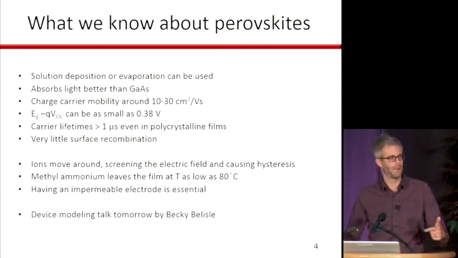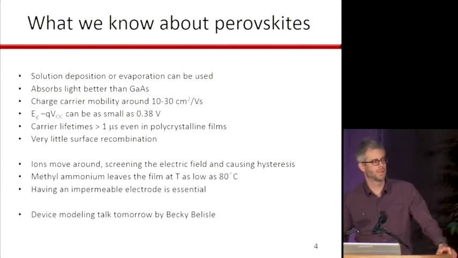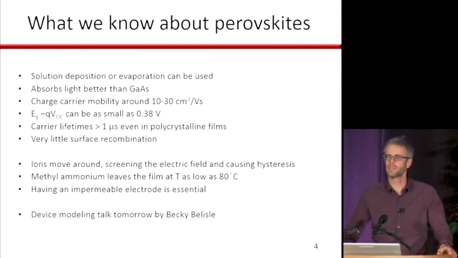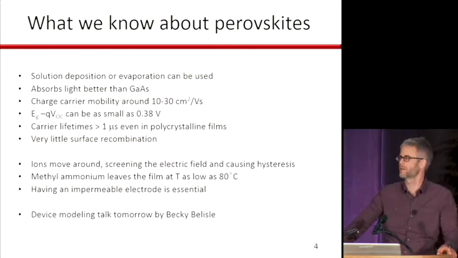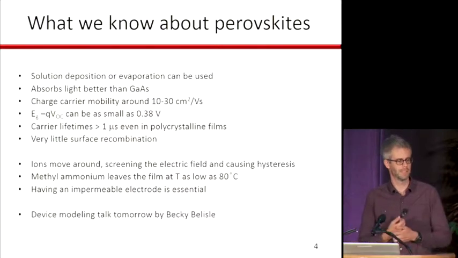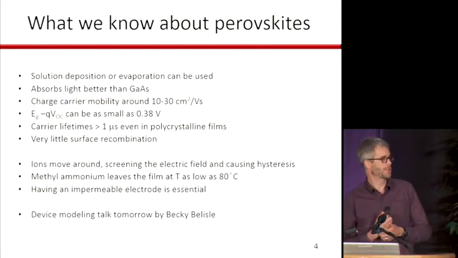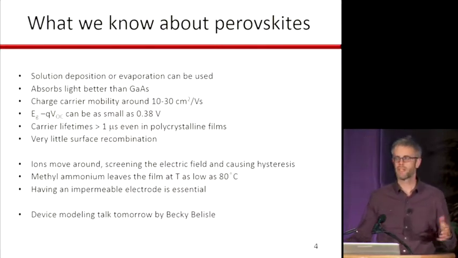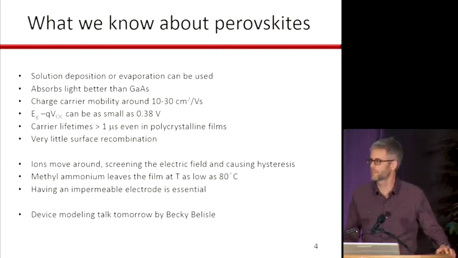But it absorbs extremely well. It's a direct band gap material. It actually absorbs a little bit better than gallium arsenide, which is the material used to make the world record single junction solar cell. The charge carrier mobilities are about 10 to 30 centimeters squared per volt second.